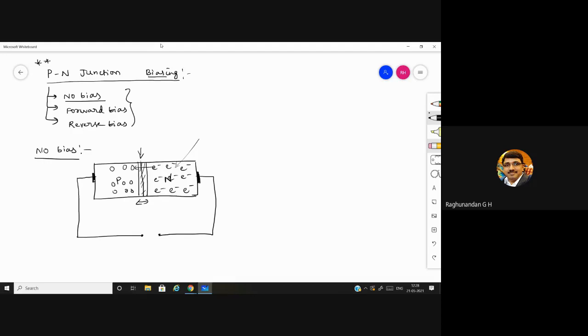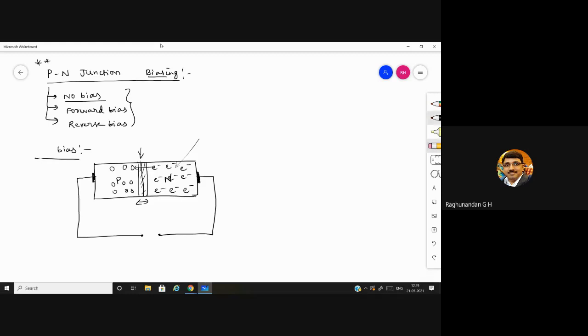It will be 0.3 volt for germanium and 0.7 volt for silicon. This potential barrier is against the flow of holes from the P side across the junction, and again it is an opposition for the flow of electrons from the N side to the P side. This is what we are going to tell.